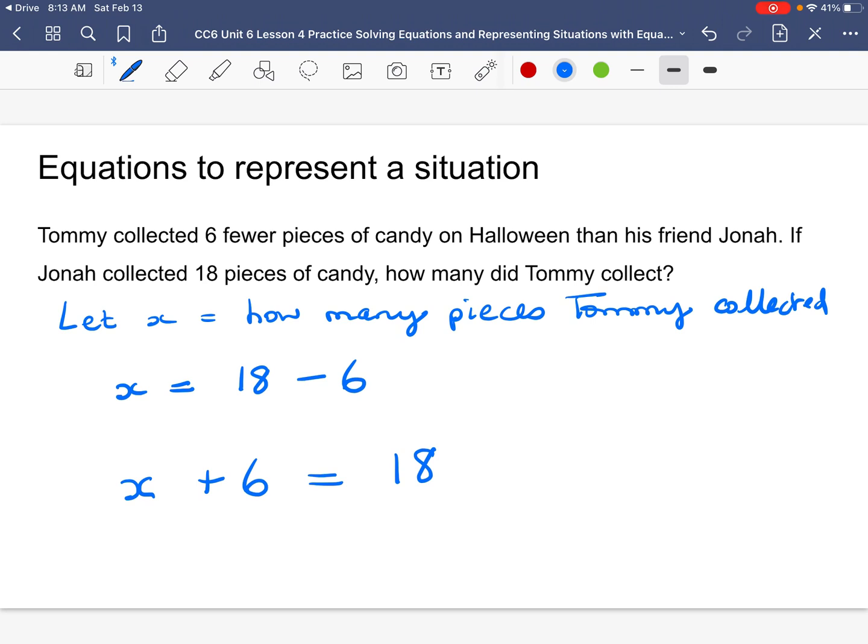When you solve them, you'll get the same solution. x equals 18 minus 6. 18 minus 6 is 12. And in the one here at the bottom, x plus 6 equals 18. Let's use an inverse operation of minus 6. And we'll get x equals 12. So both equations are correct. It's just how you look at it.